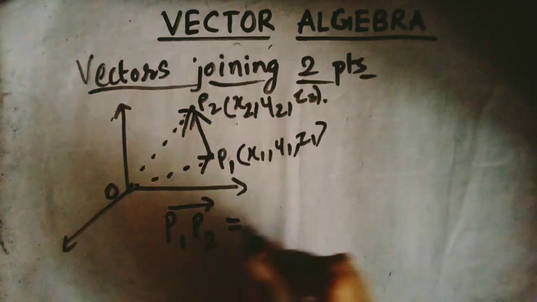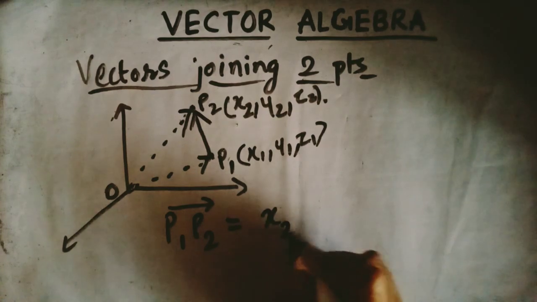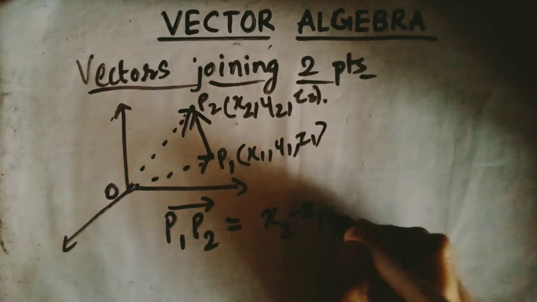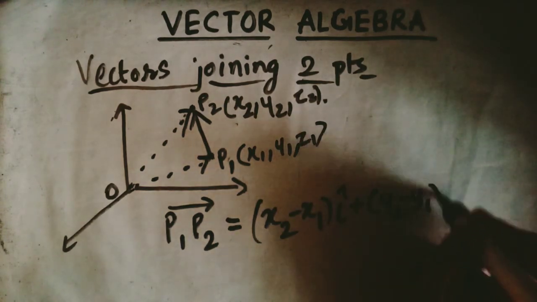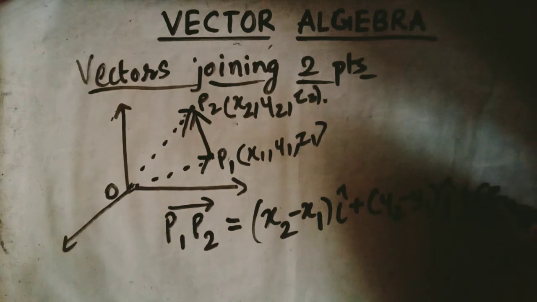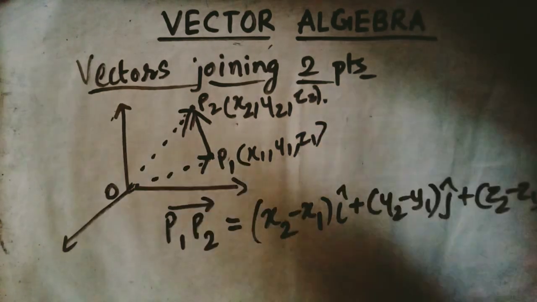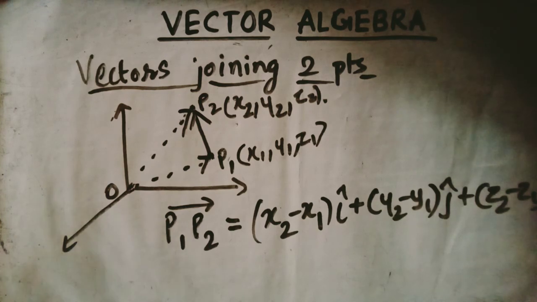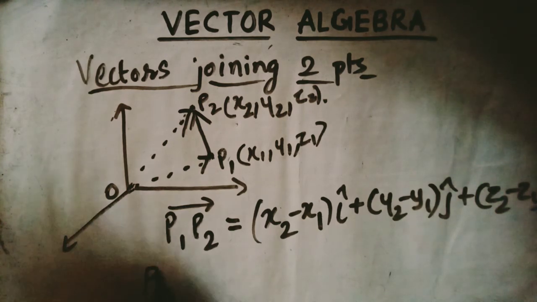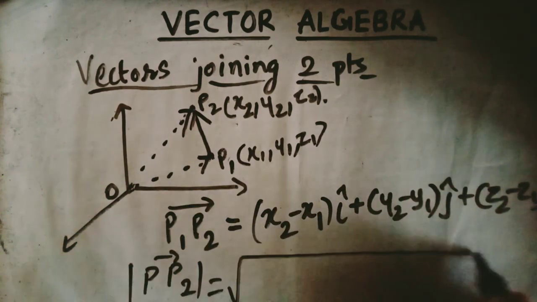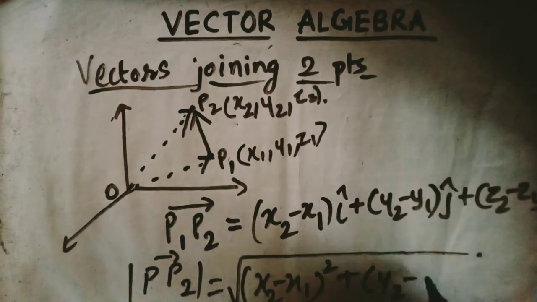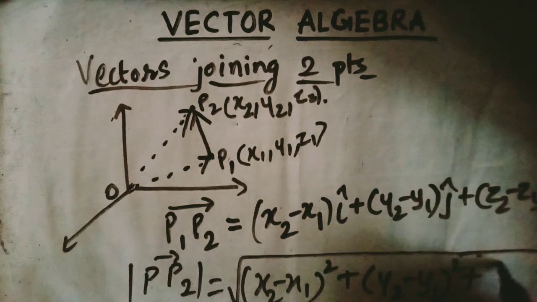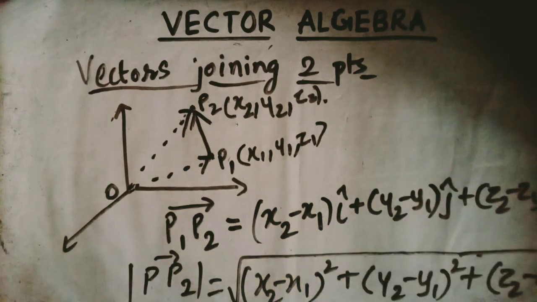So you'll get this as (x2 minus x1) i plus (y2 minus y1) j plus (z2 minus z1) k. This is your vector joining 2 points, and its magnitude is given by the root of (x2 minus x1) the whole square plus (y2 minus y1) the whole square plus (z2 minus z1) the whole square.